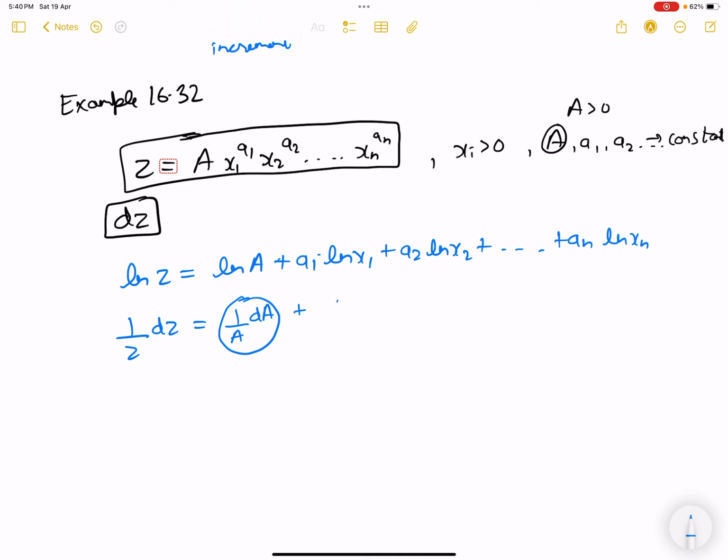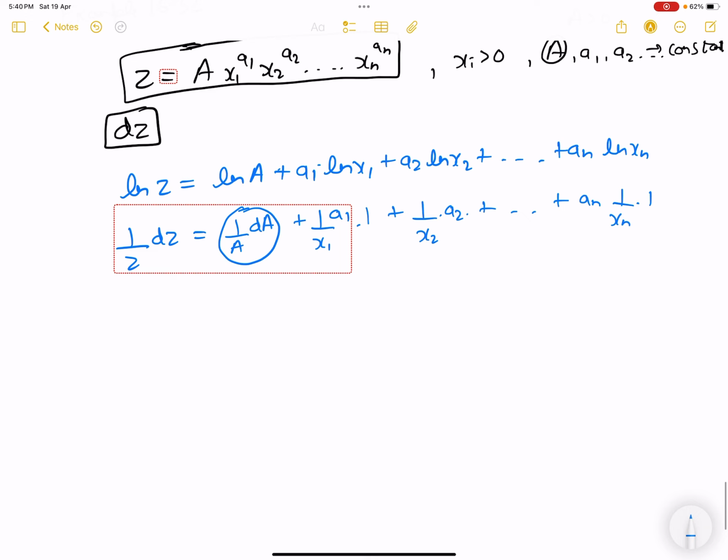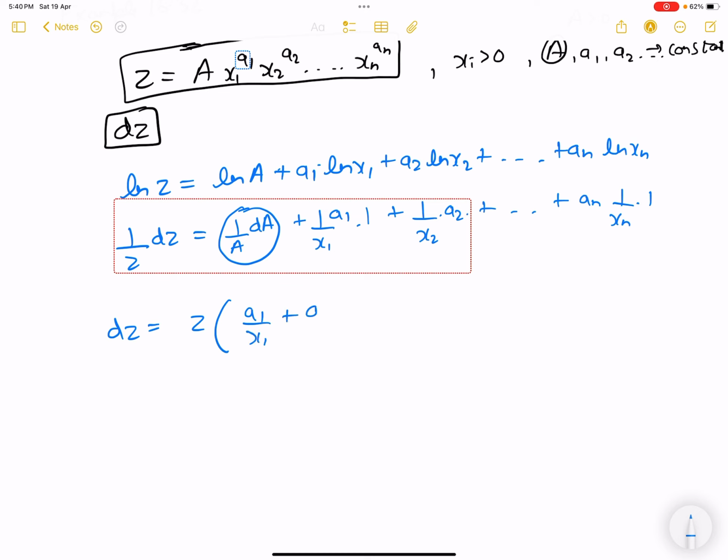This would become a1 times 1 by x1 into 1 plus a2 times 1 by x2 into 1 plus so on, so del z becomes z times a1 by x1 plus a2 by x2 plus an by xn.